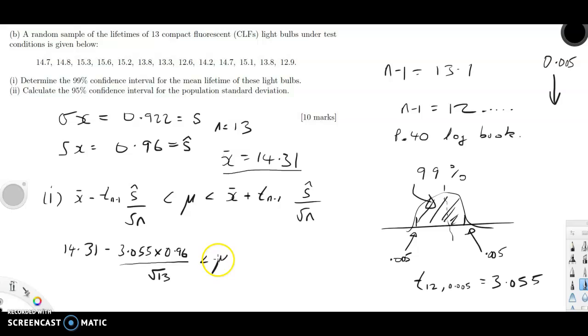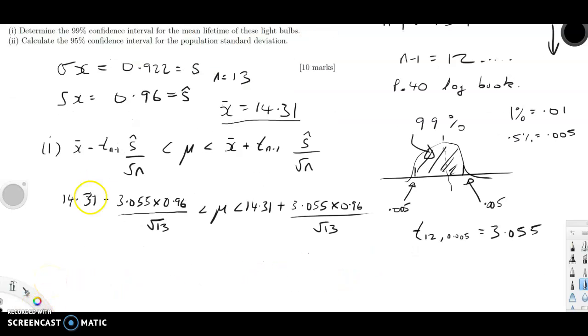That will be the lower limit, and the upper limit will be 14.31 plus 3.055 times 0.96 all over root 13.